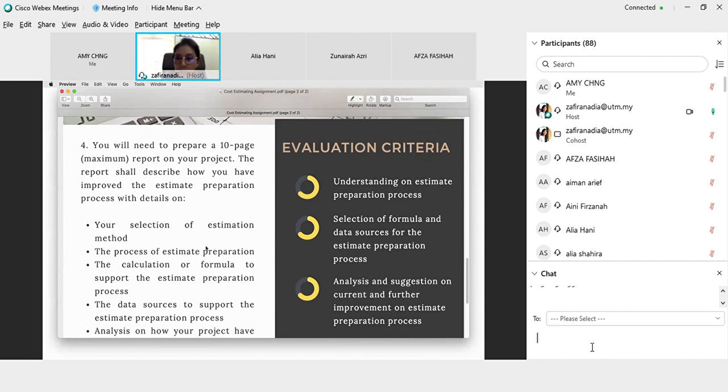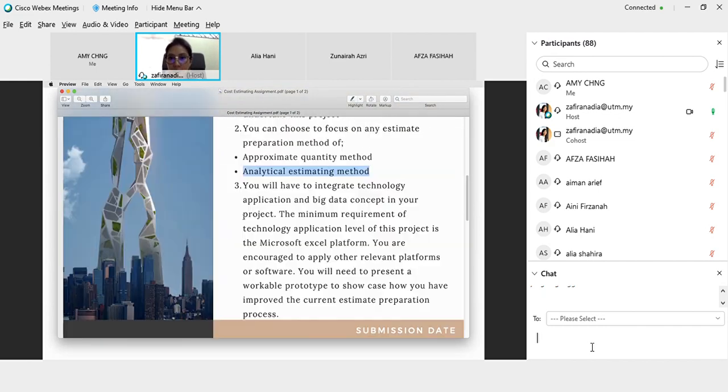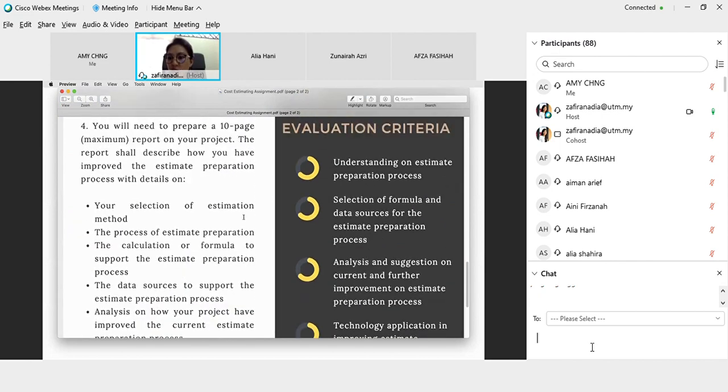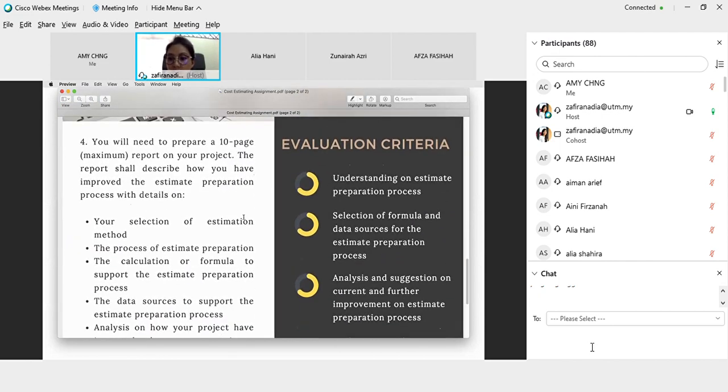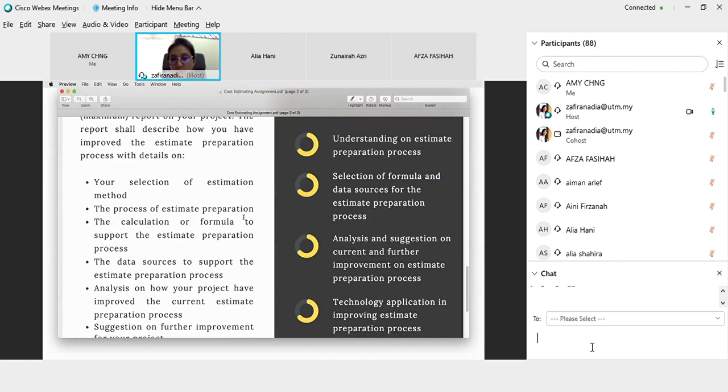I want you to prepare a very simple report, like this. I don't want you to write a document like you submit for other assignments. No. Make it more engaging, make it much simpler so that I can look at it and understand this thing. So what must be in the report is your selection of estimating method.